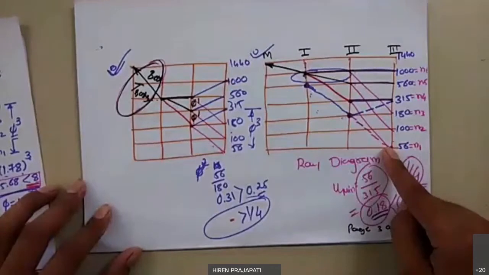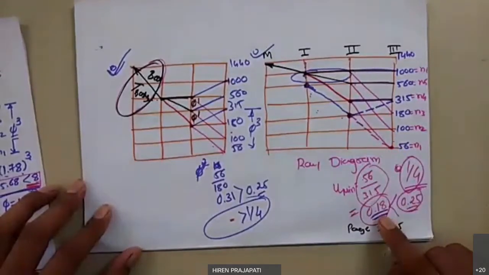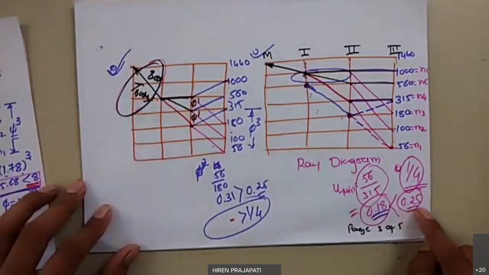If we work out that reduction of 5:3, we get 0.18. That reduction ratio is 0.18, which is less than 1/4.